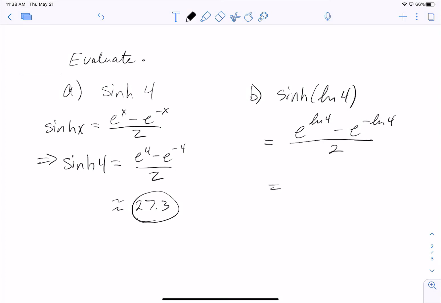Using properties of logs, we can express this as 4 minus 1/4 over 2, that 1/4 coming about because there's a property of logs that says that a coefficient in front of a logarithm becomes an exponent for the argument, and 4 to the negative 1 is 1/4. By simplifying the complex fraction and collecting like terms as appropriate, we get 15/8 as a result.